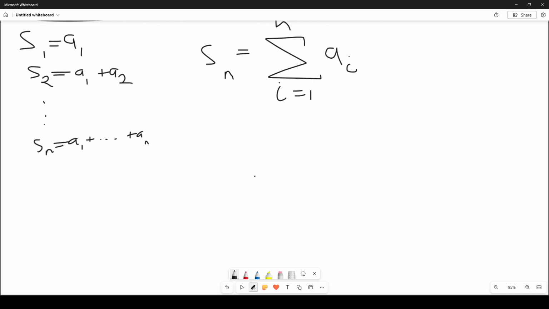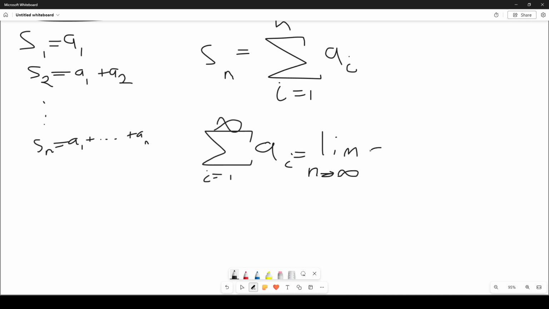Now we can finally ask, what does it mean for a series to converge? Well, a series is asking you about an infinite sum, i equals 1 to infinity of a sub i. Now we can write this, as you might guess, by the limit as n approaches infinity of S sub n. Okay? This is something we can actually figure out now.